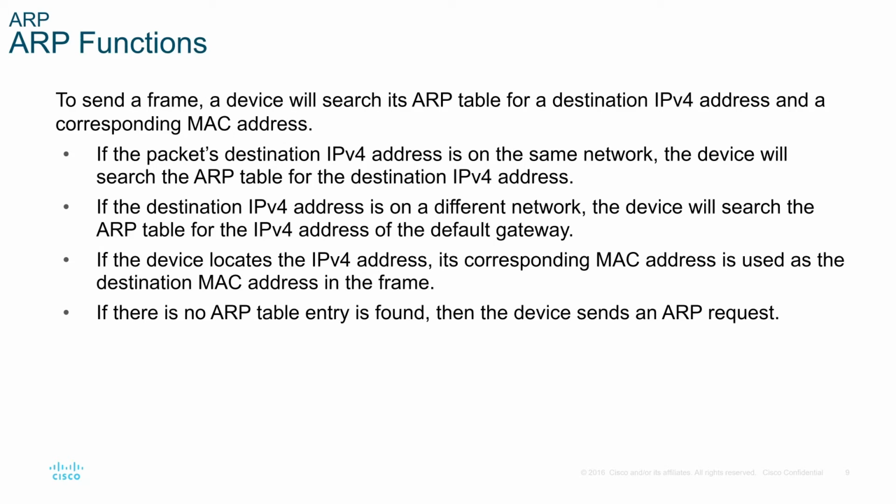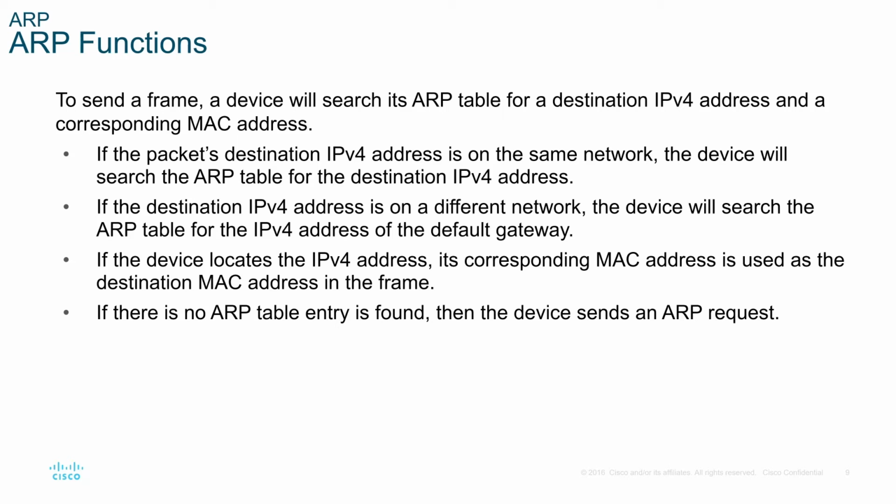If the destination IPv4 address is on a different network, the device will search the ARP table for the IPv4 address of the default gateway. If the device locates the IPv4 address, its corresponding MAC address is used as the destination MAC address in the frame. If there is no ARP table entry found, then the device sends an ARP request.